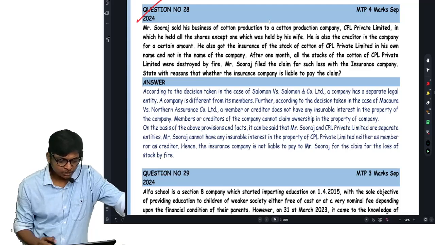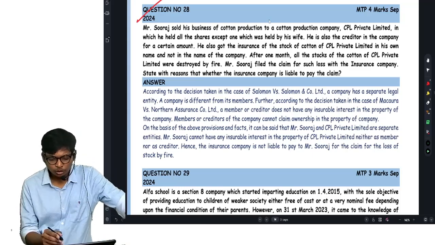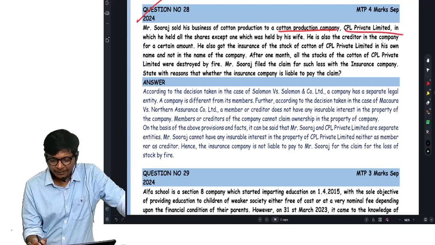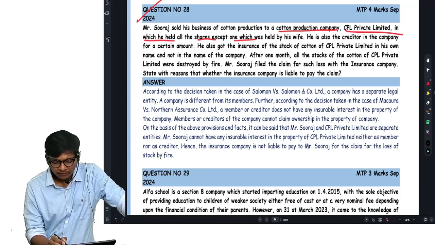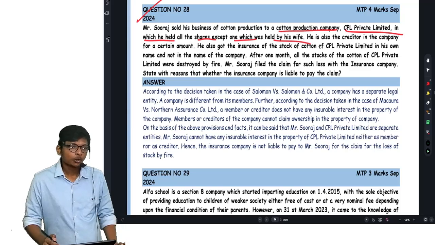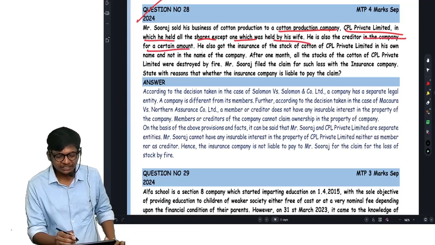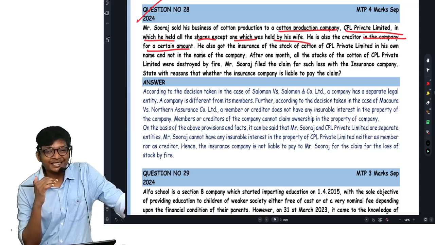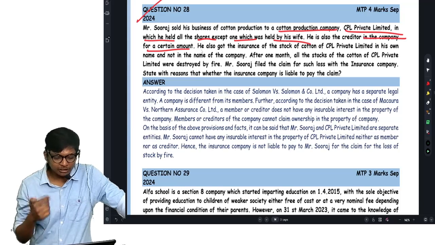Okay, next. Question 28. Surat sold his business of cotton production to a cotton production company, CPL Private Limited, in which he held all the shares except one which was held by his wife. He is also a creditor to the company for a certain amount. What concept is going to come? Separate legal entity. I can predict, guys. You can also predict. If you are able to predict now, you're on the right track.